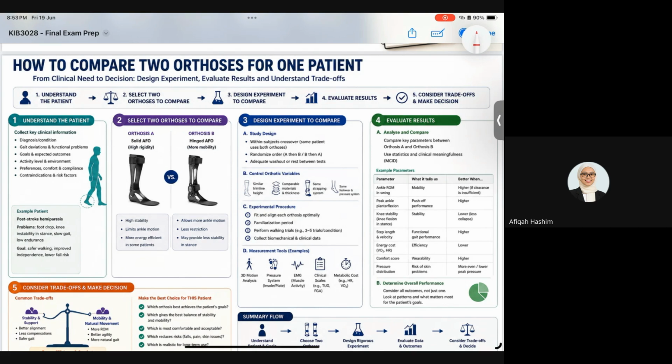So does that automatically make it a better design? All right, not necessarily. For this type of patient, it depends on the patient's needs. A patient with poor balance, for example, may benefit more from extra stability, while a more active patient may prefer greater mobility even if there is slightly less support.